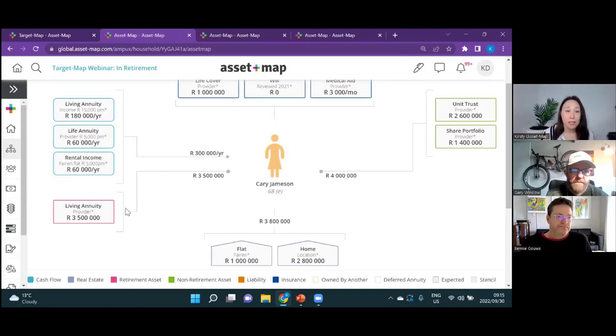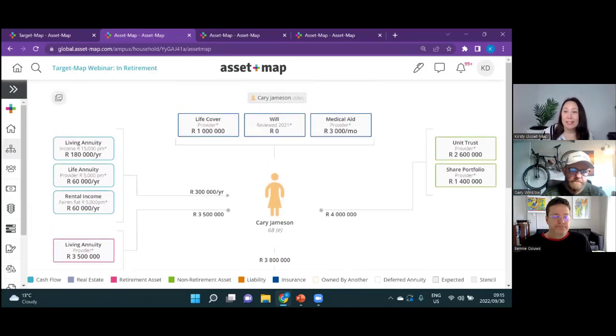And therefore, for a living annuity, we want to capture the asset that the client has. They still have this value, as well as show the income that they're drawing from that investment. For a life annuity, the client no longer has the asset, so we don't capture the asset value, but we do capture the income that the client is receiving and guaranteed to receive from that annuity. And we can capture rental income here.